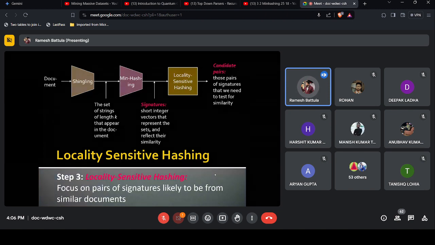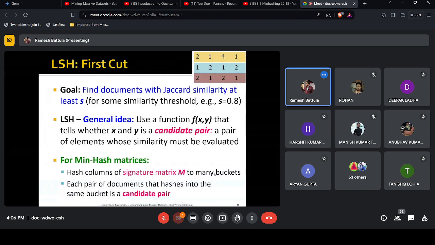Now we are entering to discuss the locality sensitive hashing. In the locality sensitive hashing, the first cut is going to be to find a document with Jaccard similarity at least S. The similarity threshold, for example, S is equal to 0.8.